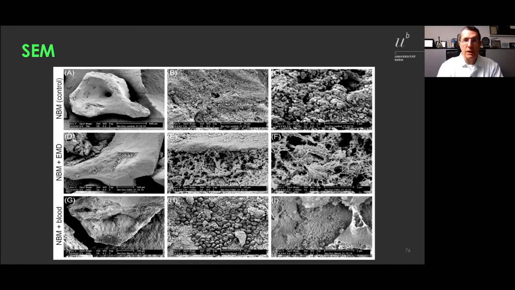However, if you have blood contamination, in the lower left corner, you magnify it and you have this middle slide. What can you see? Erythrocytes, because they are competing with the enamel matrix proteins, and these erythrocytes are sticking better to the bone graft. This is nature.